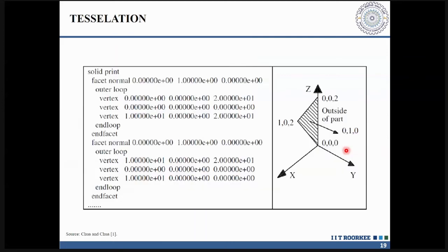That STL format stores this information in this format. So it is a triangle. To define a triangle, I require 3 vertices, such as 0, 0, 0; 0, 0, 2; 1, 0, 2 and so on. So I require these 3 vertices and I require a unit normal to that triangle.